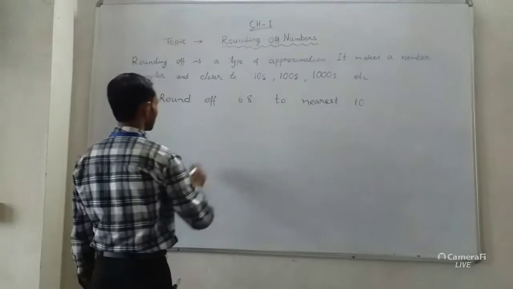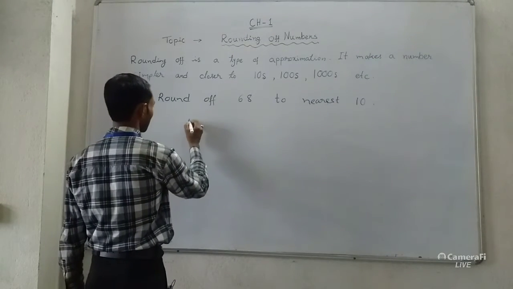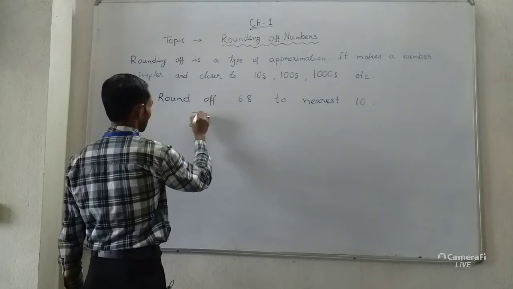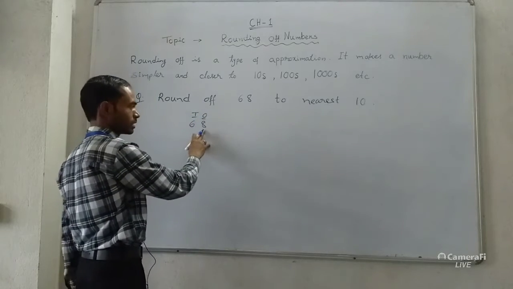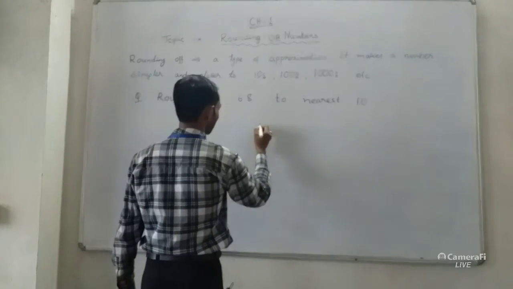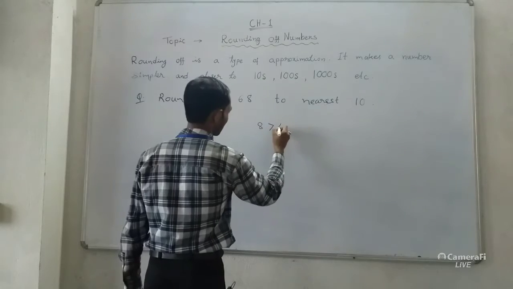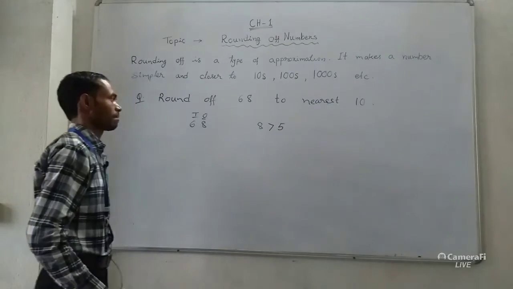So the number is 68, the ones place digit is 8, and the ones place digit 8 is greater than 5.